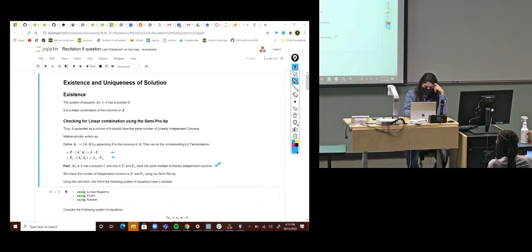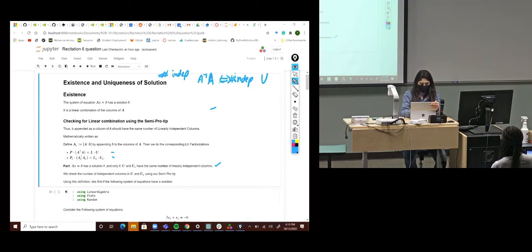So one way to look at it is, in a previous proof in our class, we proved that the number of linearly independent columns in A transpose A is the same as the number of linearly independent columns in U. So the number of independent columns in A transpose A is the same as the number of independent columns in its LU factorization.